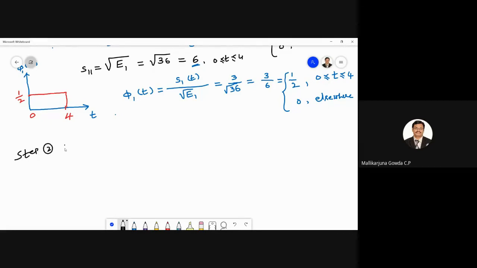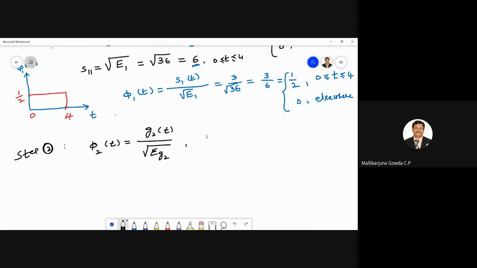To determine phi 2 of t, first let me write the expression for phi 2 of t. So phi 2 of t is equal to G2 of t divided by the square root of the energy of the signal G2 of t. Okay, fine. So how do I define G2 of t?